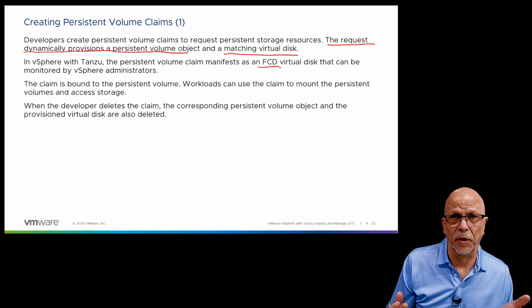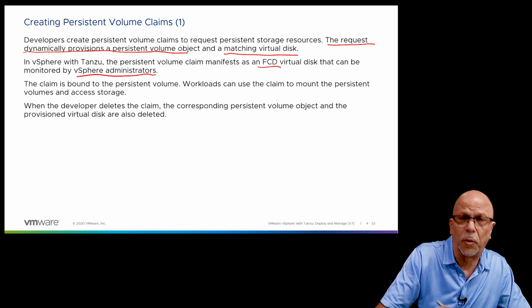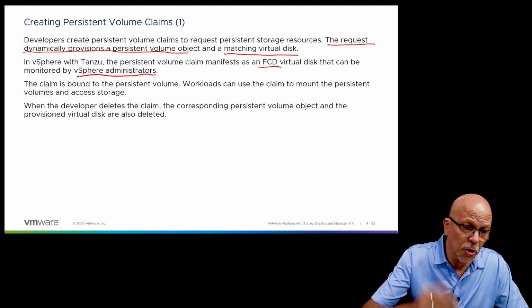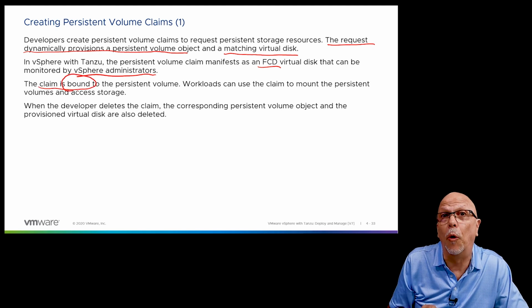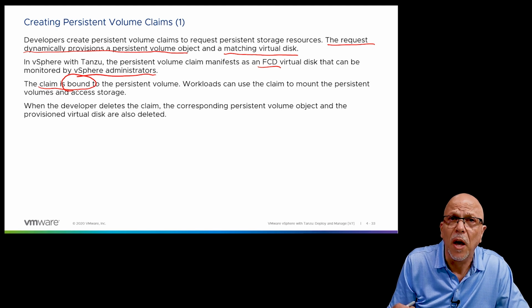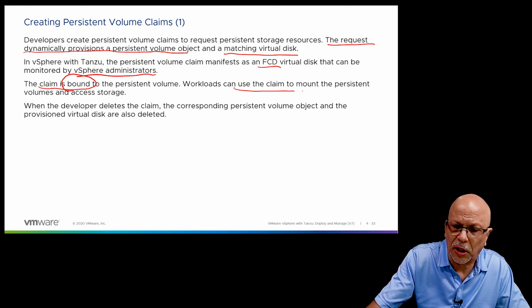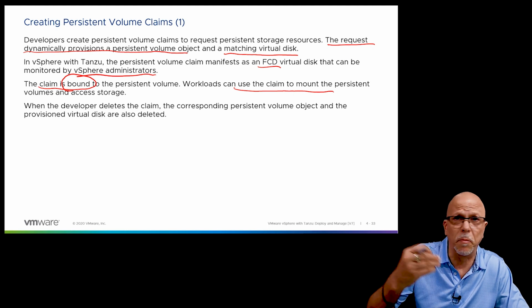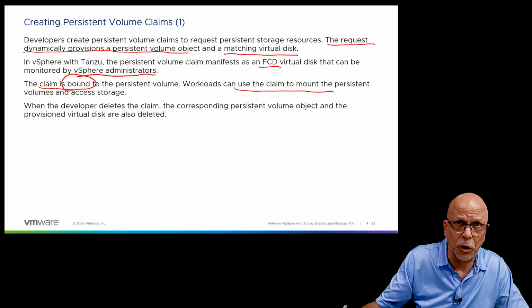And the beauty of this is you're going to be able to see this as the vSphere administrator inside the vSphere client. So we refer to this claim as being bound to the persistent volume, and you'll see that in the HTML client. So workloads are going to claim the mount to the persistent volume, and then in turn, they're going to be able to access the storage, start reading and writing to it.